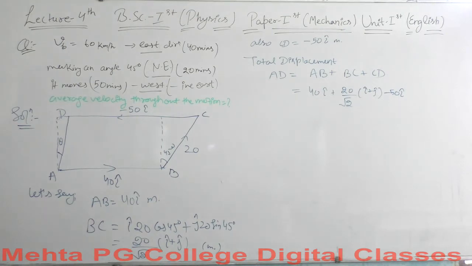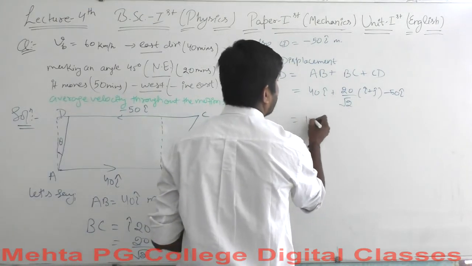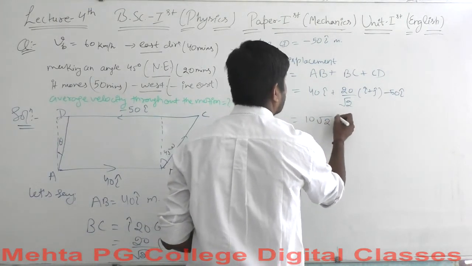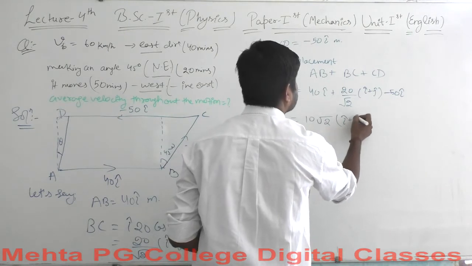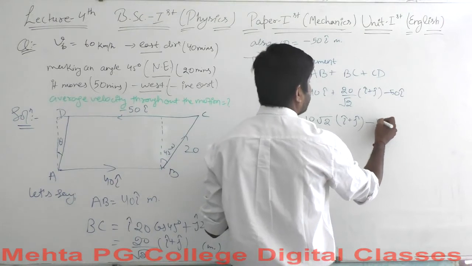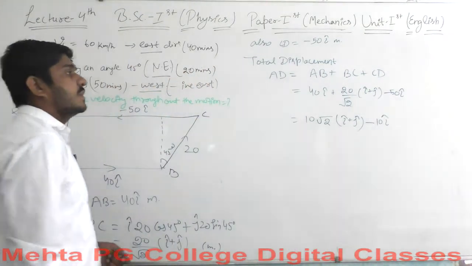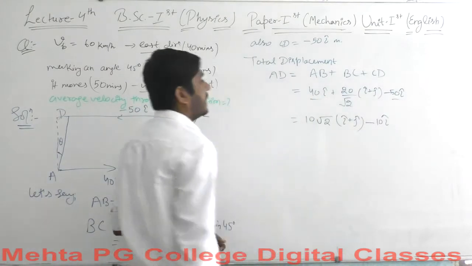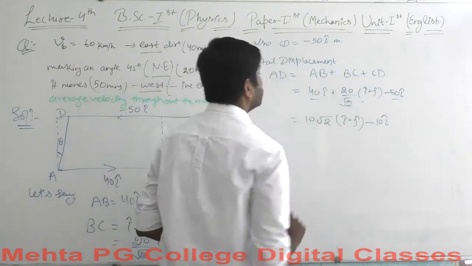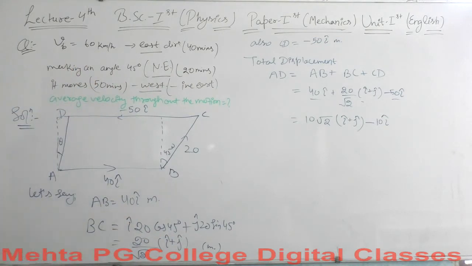So what we will end up having if we calculate all these values in our sense, then the values will be 10 root 2 i cap plus j cap minus 10 i cap. Solving these values, we will have 10 root 2 i cap plus j cap minus 10 i cap here.